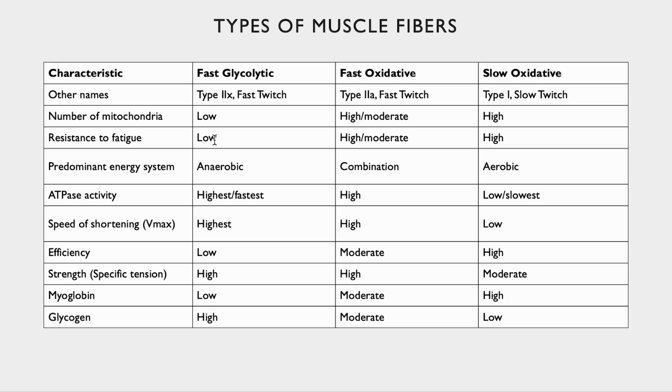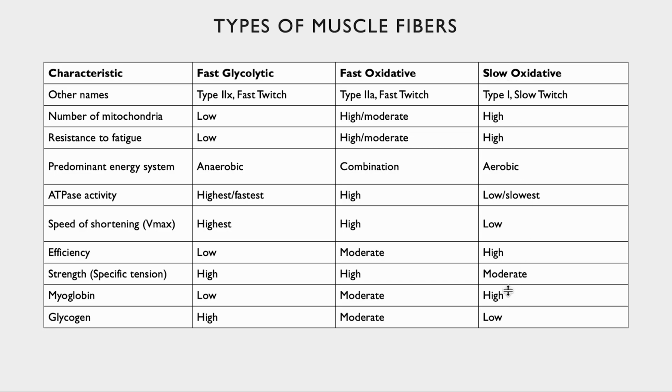Now, there is another thing that is different in these fibers: the amount of myoglobin and the amount of glycogen. A way to remember this is myoglobin is a molecule that is very similar to hemoglobin, stores oxygen, and glycogen is a molecule that stores glucose. So which are the fibers that need more oxygen? Well, the ones that have more mitochondria.